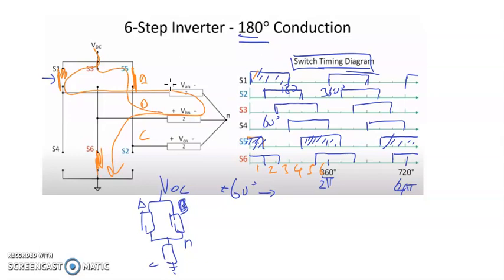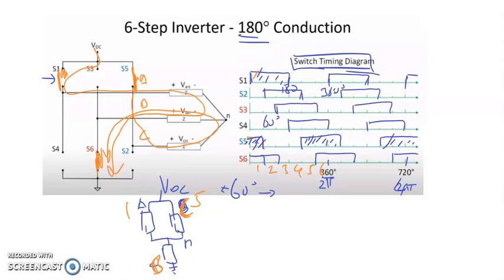From 5 it enters through C and goes to 6. It means that it enters from A and also from C. This is branch number 1, this is branch number 5. So it enters from A and enters from C, and goes out to B. So from A and C going to B.